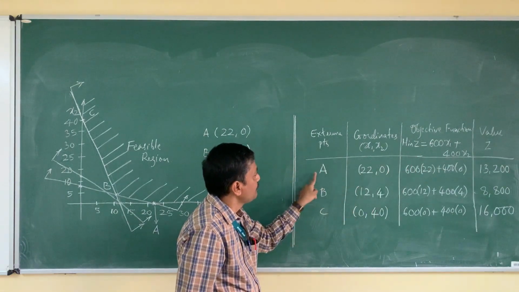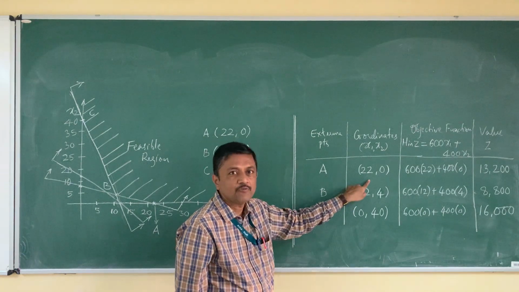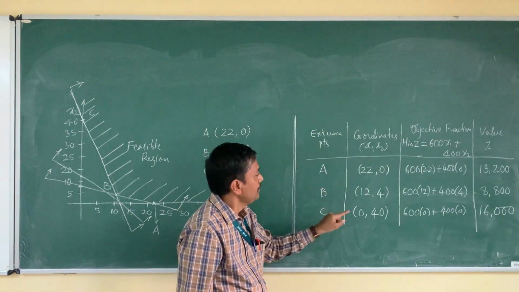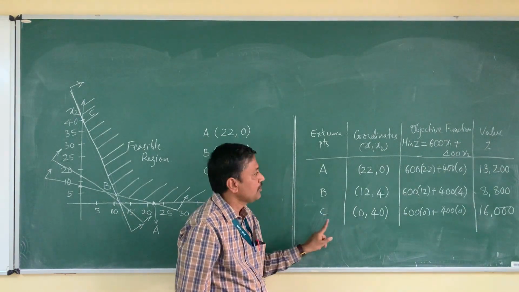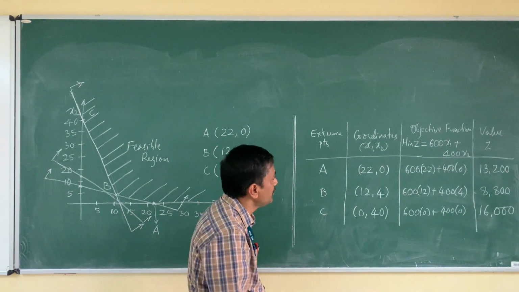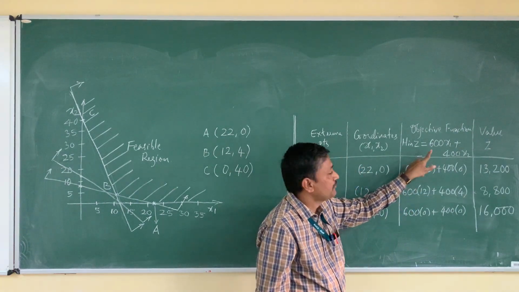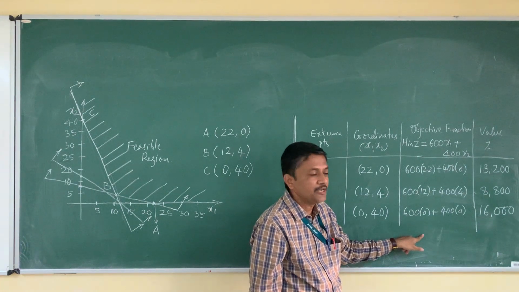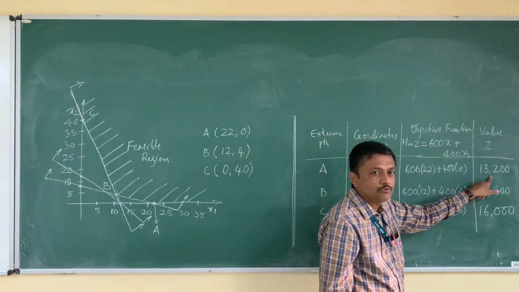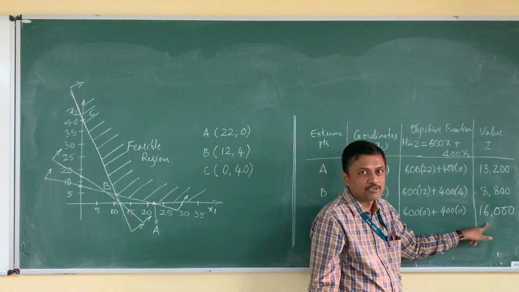So the extreme points are A, B and C. Coordinates are 22, 0 for A, 12, 4 for B, 0, 40 for C. So we have to put these in the objective function. After substituting the values of x1 and x2, we get the values as 13,200, 8,800, 16,000.